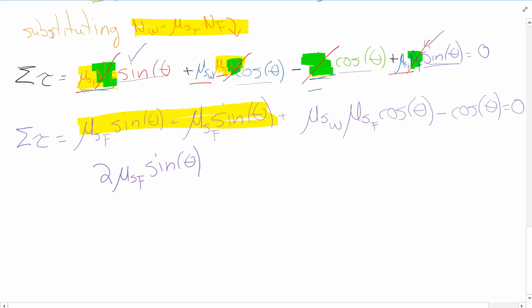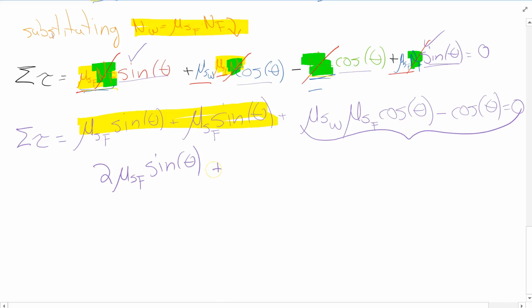This is pretty sweet for us. On the other side, on this side here, they both share a cosine piece, so I can factor that piece out, and that will look like this.